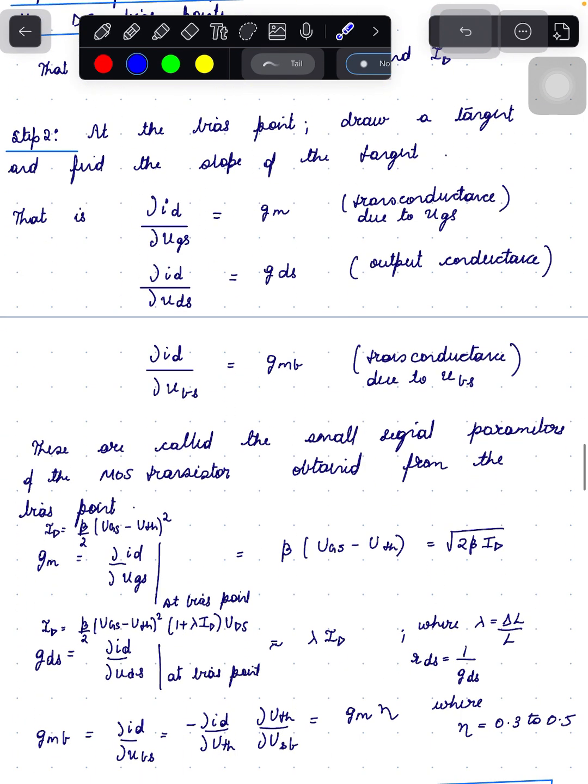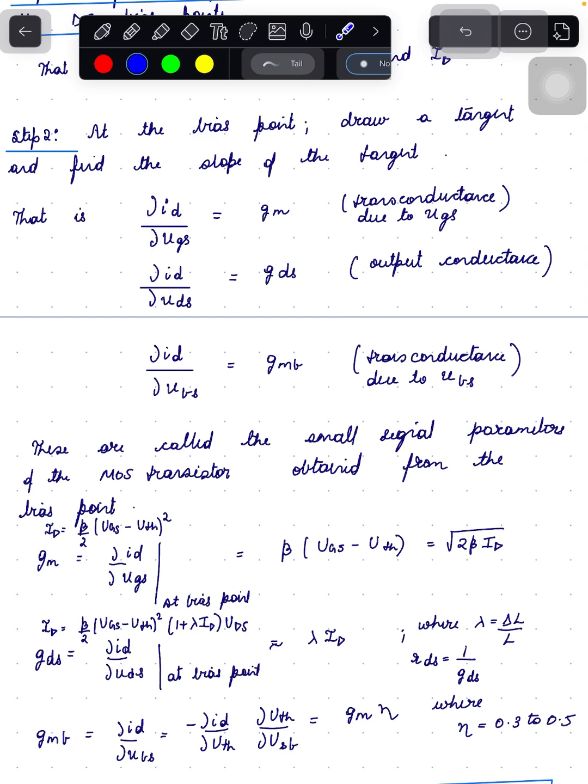The equation for GM can be derived by differentiating the current equation with respect to UGS to obtain beta times UGS minus UTH, which equals square root of 2 times beta times ID. GDS can be obtained by differentiating ID with respect to UDS, which when approximated gives lambda ID, where lambda is delta L by L and ID is the drain current.